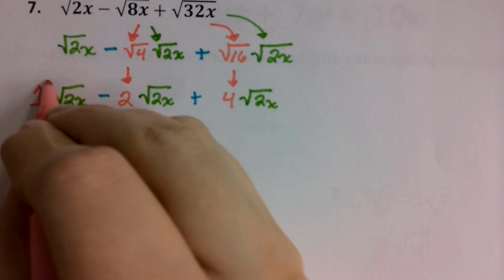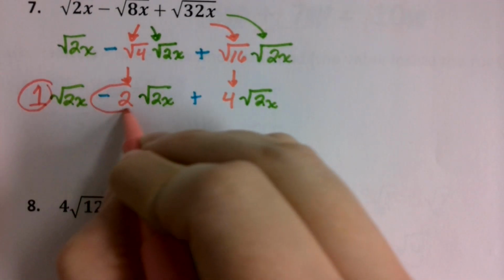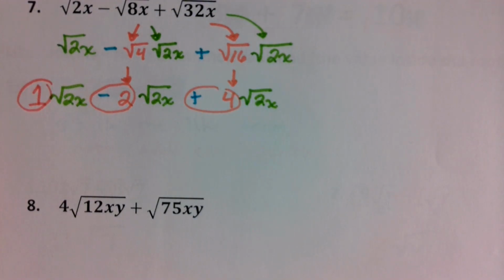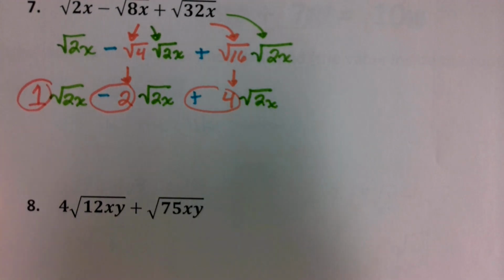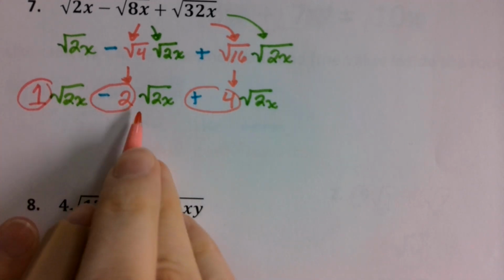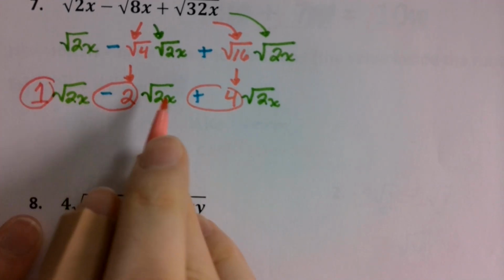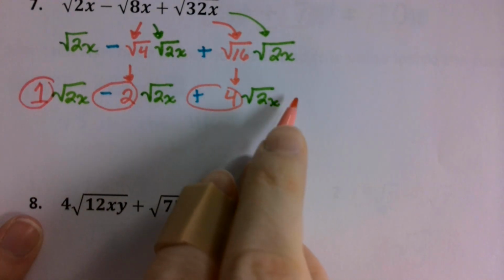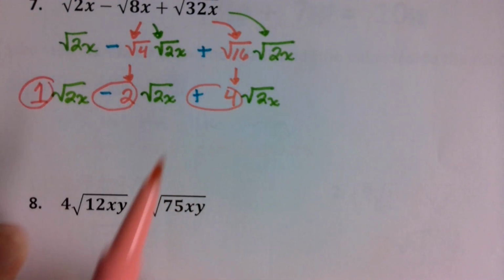So I can just do 1 minus 2 plus 4. What is 1 minus 2 plus 4? Try it again. 3. 1 minus 2 is a negative 1. A negative 1 plus 4 is a positive 3.